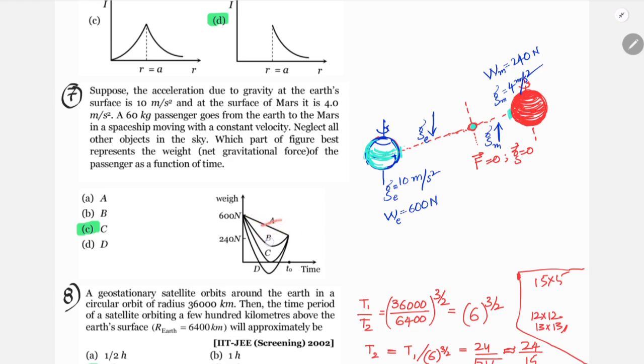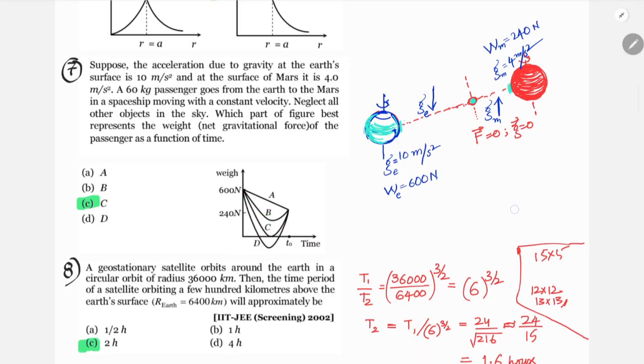Only case C reaches 0, and again as he approaches Mars the acceleration due to gravity increases up to 4 meter per second square. So that is the reason curve C is the correct option. Finally it reaches a weight of 240 newtons during the total journey.